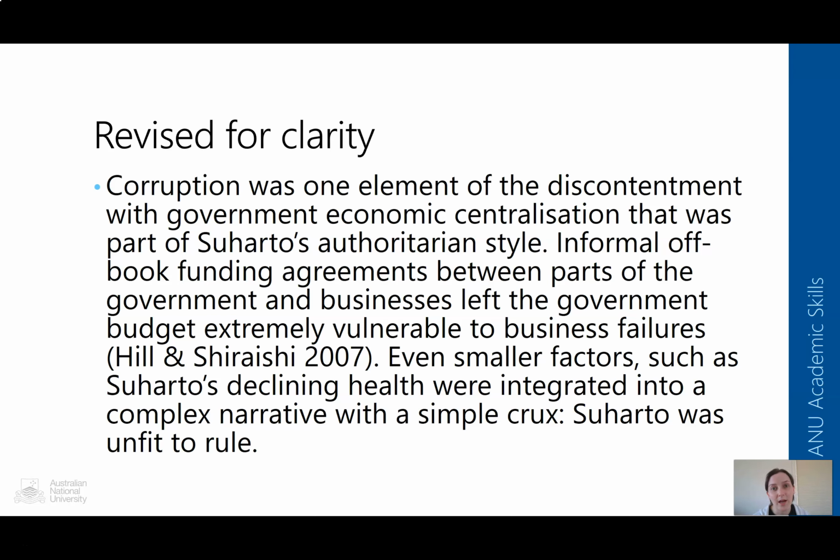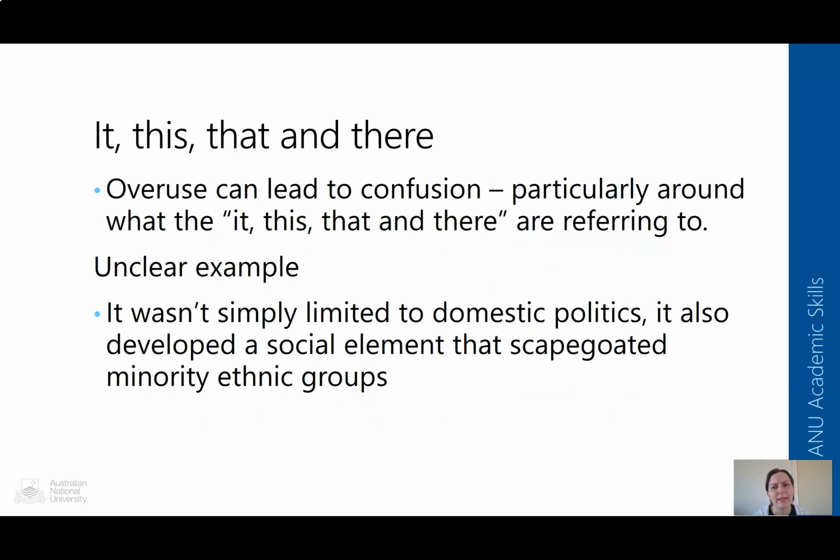They've put that idea in context of the factors that they've looked at within that paragraph. So they've said it's even smaller factors, such as, so they're using that example as one among potentially many. And it relates back to the others, to the point about corruption, because that's one of the main factors about the complex narrative. So think about revising your work for clarity, spending a bit of time doing that.